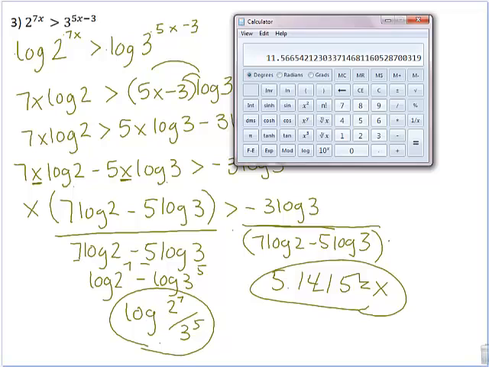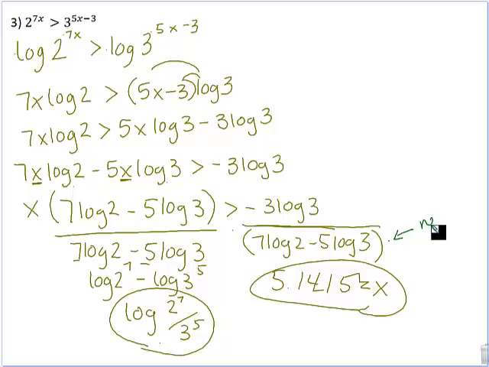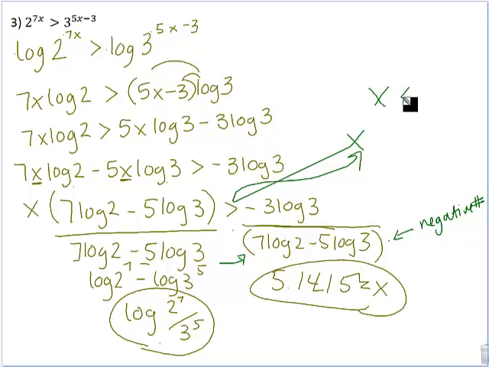So here, when we figured out that denominator of 7 times the log of 2 minus 5 times the log of 3, when we got this denominator, we have a negative number. So we divided by a negative number, so we would want to make sure we flipped that sign. So we'd say x is less than 5.1415.